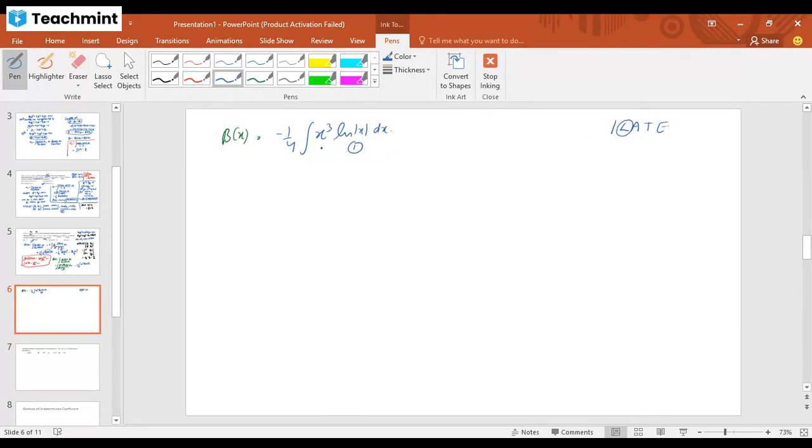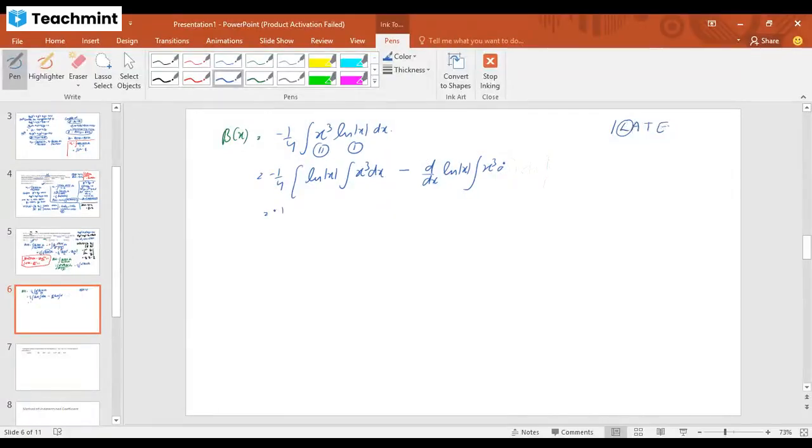So this is your first function, this is your second function. So minus 1 by 4 is there, log of mod x first function, integral of second, minus the integral of the derivative of the logarithmic function times the integral of the second function, their product, and then again integrate this.